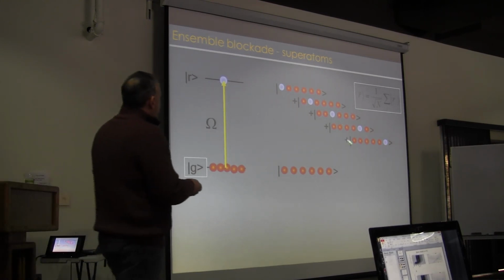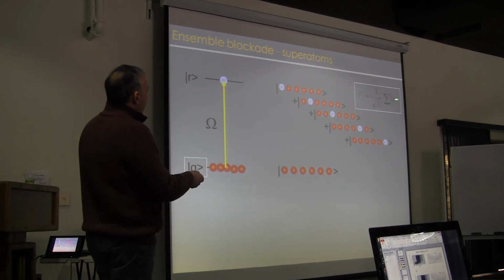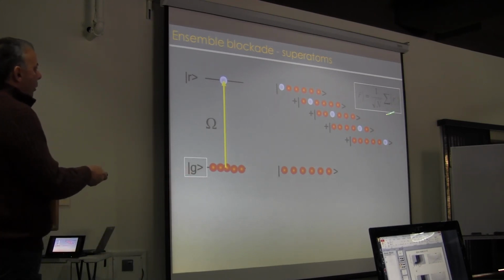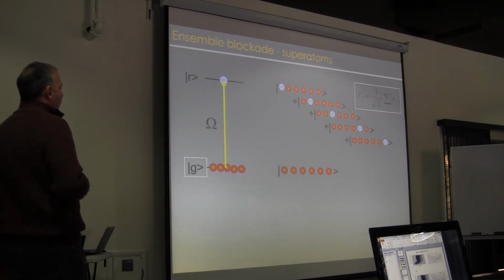And therefore, the quantum state describing this situation is a superposition of each of these kets R_j, where R_j refers to just the jth atom being in the Rydberg state. And then for normalization, I have to multiply by 1 over root n, for the number of kets.